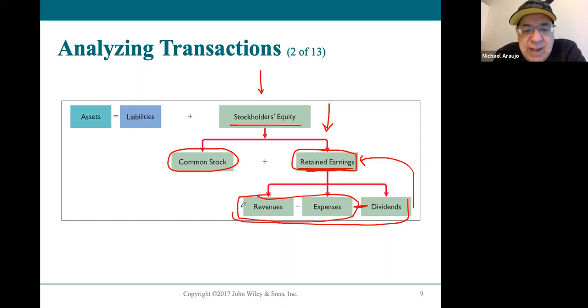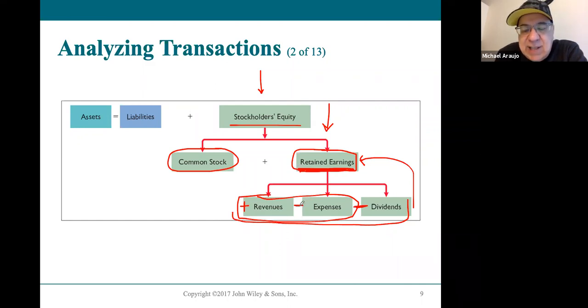So whenever we get revenue, revenue is the source of our profit. And so revenues basically increase retained earnings because revenue covers all the expenses and what's left is our profit, our earnings, right, our net income.